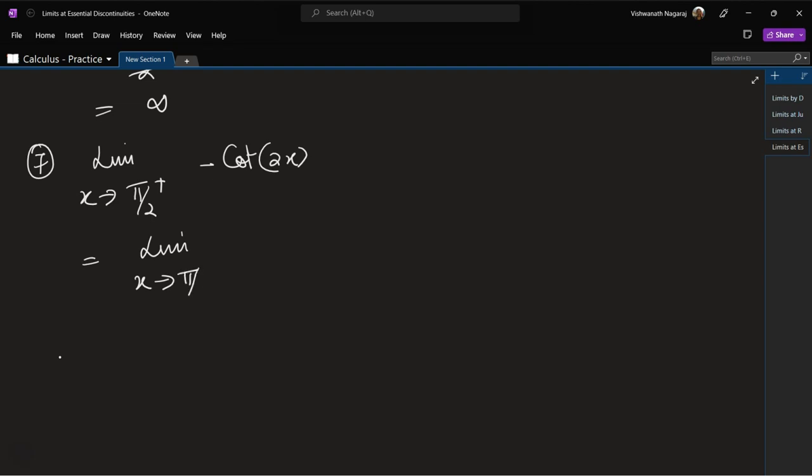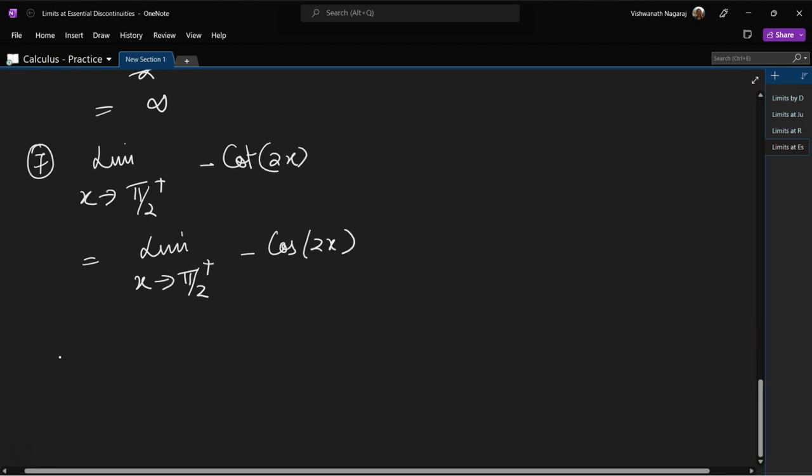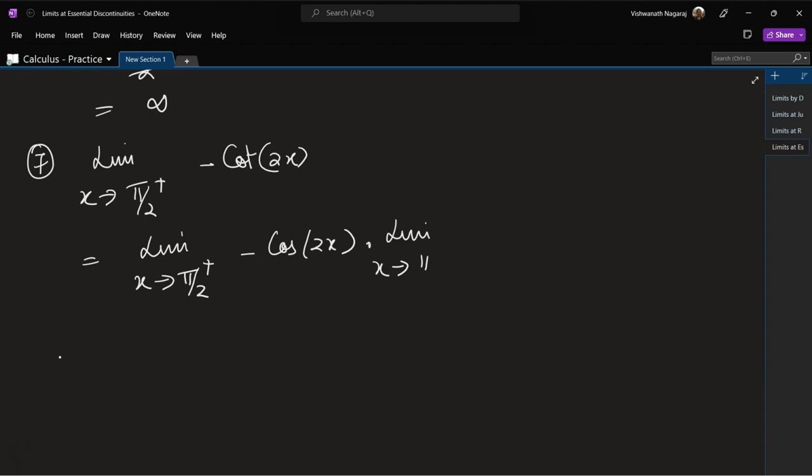Limit as x approaches pi by 2 from the positive side of minus cos 2x times limit as x approaches pi by 2 from the positive side of 1 by sine 2x. Okay, this is pretty straightforward. We can do direct substitution. So minus cos 2 times pi by 2. 2 cancels. So cos pi is minus 1, minus of that is plus 1.